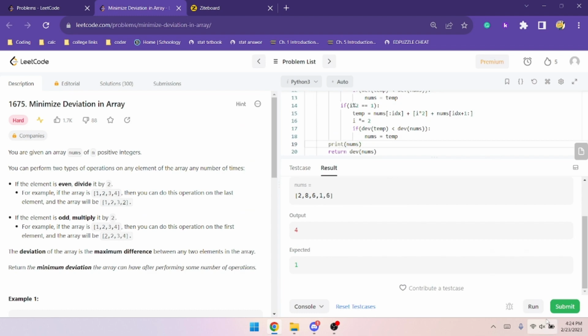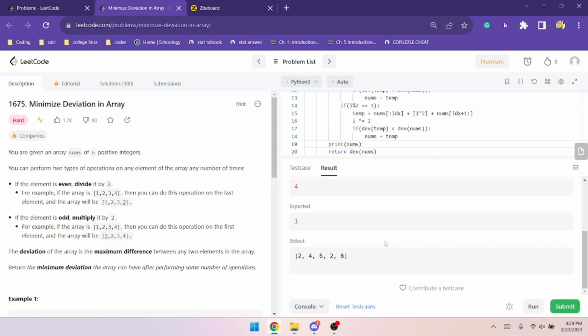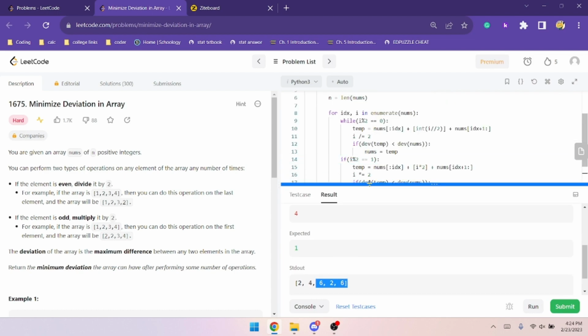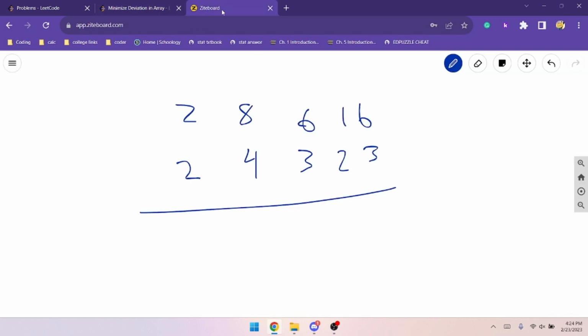I'm gonna print my nums. I got 2, 4, 6, 2, 6. How come I didn't divide the 6s? The answer is actually 1, right? Because it should have been 2, 3, 3, 2, 3.